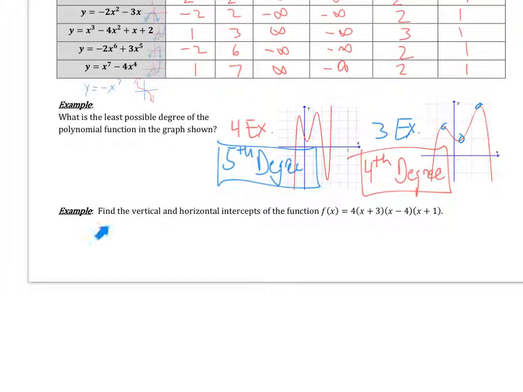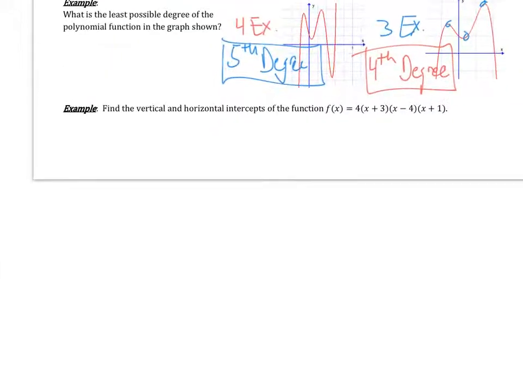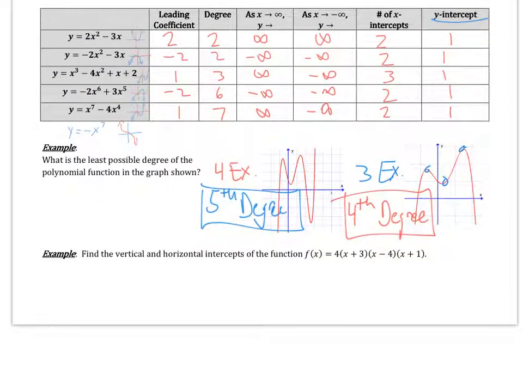Okay, one more here. How about the vertical and the horizontal intercepts? We've got a function here, f of x equals 4 times x plus 3 times x minus 4 times x plus 1, and we want to find out where this crosses the x and the y axis. When it crosses the x-axis, we know we have a y value of 0.